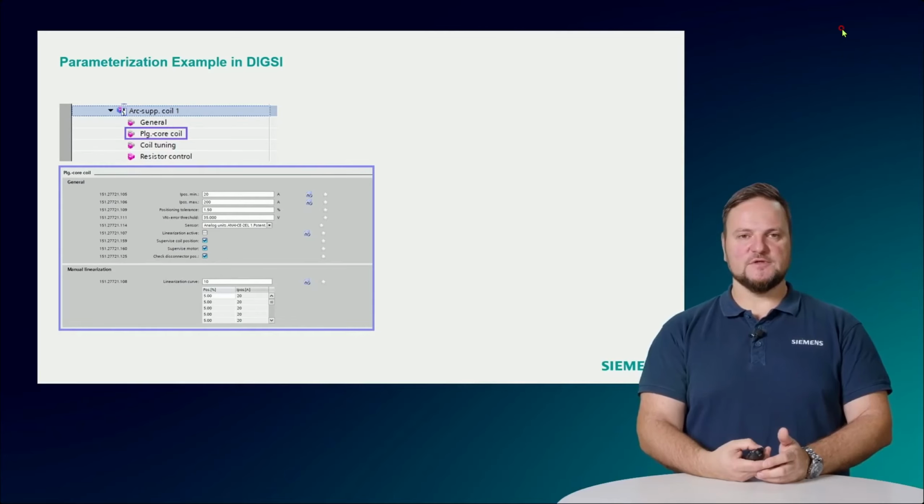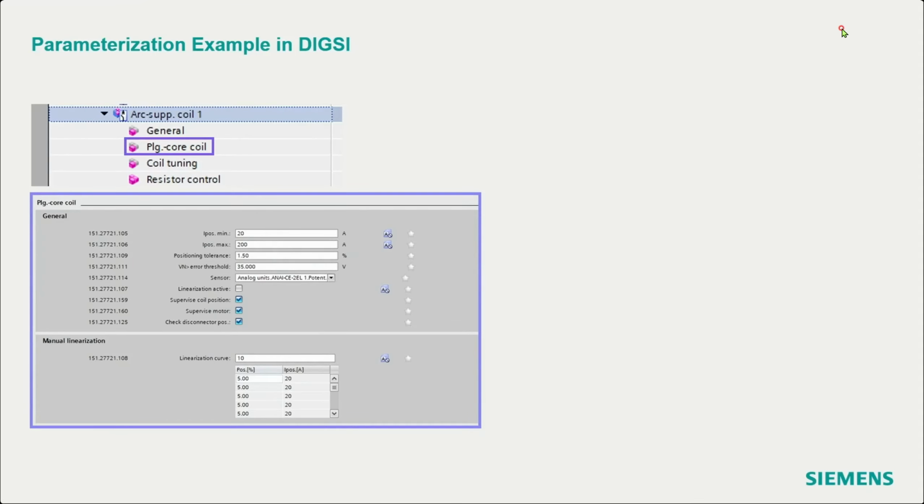This arc suppression coil controller contains different function blocks. One function block for the plunger core, one function block for the coil tuning itself, and additionally, and this is optional, you can also control and supervise the resistor. Here we see the capability of the settings for the plunger core.